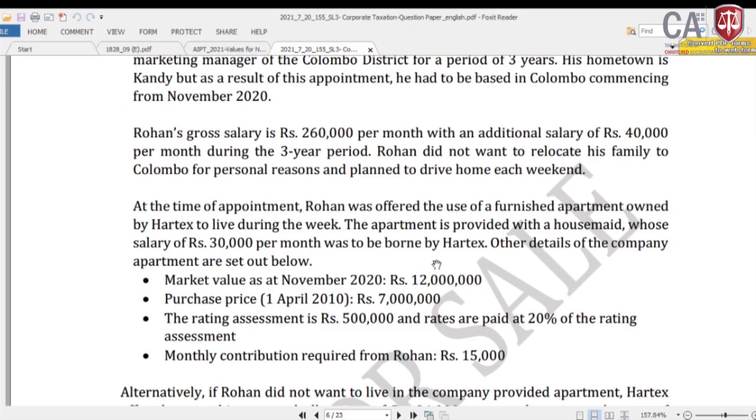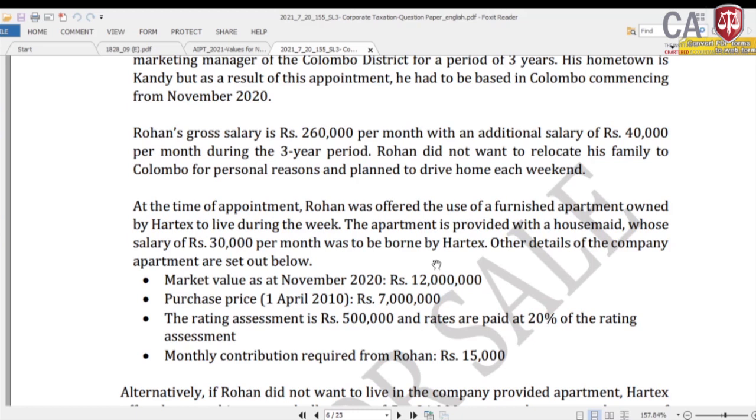In a separate document, it has been published. Why is the housing benefit important? It's very clearly given in that document. The housing benefit includes the provision of servants. So if you are computing a housing benefit, you cannot take the benefit of the servants again, because it is included in the benefit of the house.